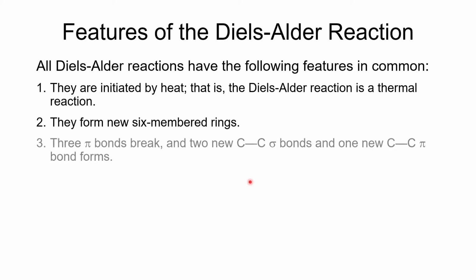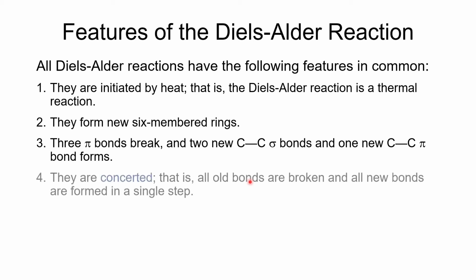Our third thing is we break 3 pi bonds, and then we make 2 new sigma bonds and 1 new pi bond. You want to be able to recognize what that bond is going to look like, and what that ring is going to look like. And then finally, and this is important, these are concerted reactions. We've talked about concerted reactions before.